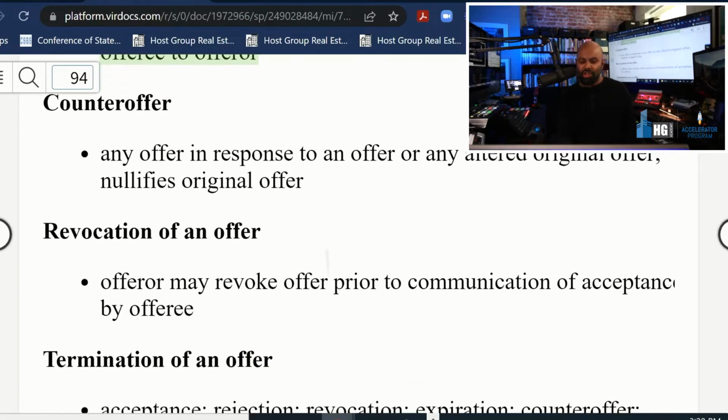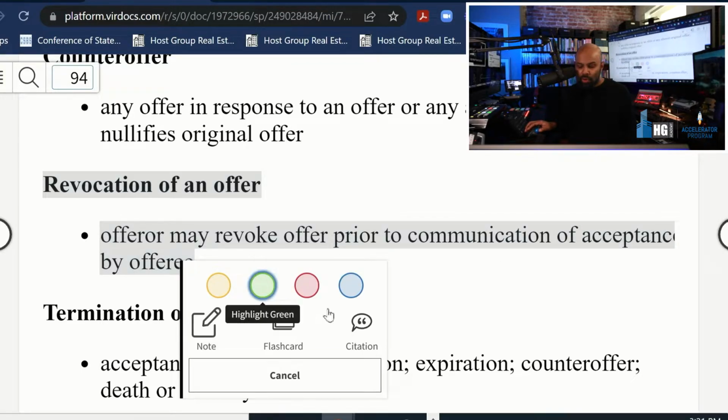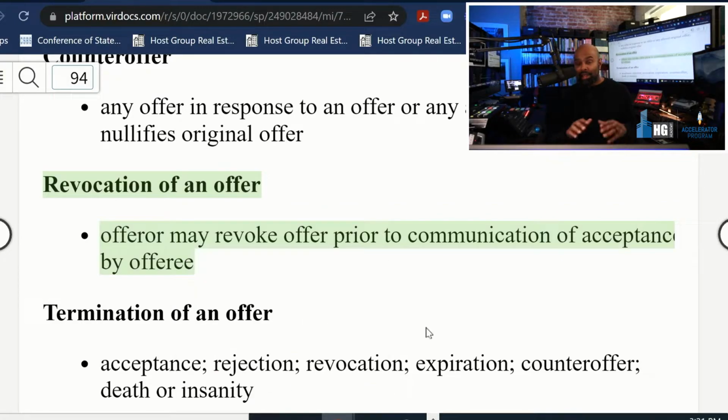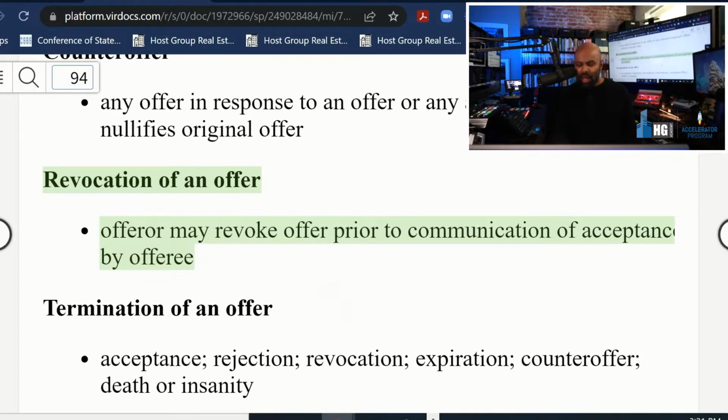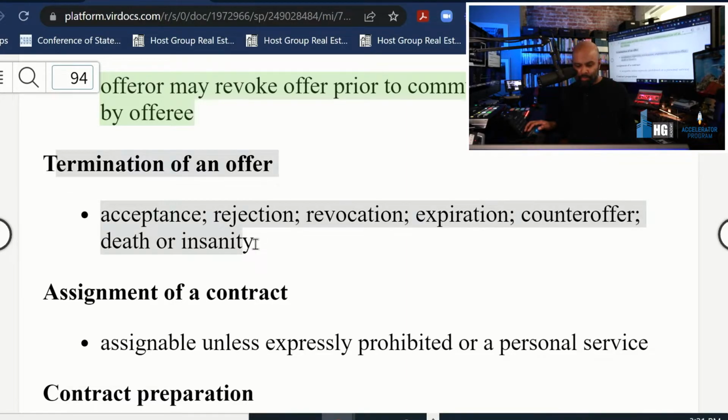An offeror may revoke an offer prior to the communication of an acceptance by the offeree. So if I give you 3 days to think about it, yet 5 minutes after that I decide to move elsewhere or do something else, then the offer is revoked. And then we talked about termination of offer. Termination of offer can happen with acceptance of an offer, the rejection of an offer, revocation, expiration, a counter-offer, or death or insanity.